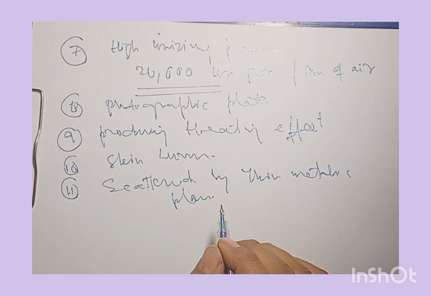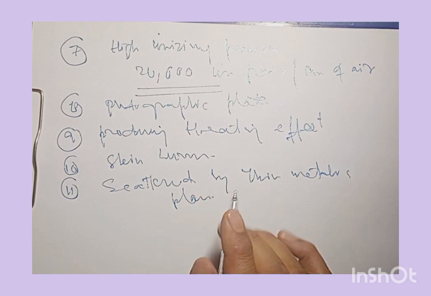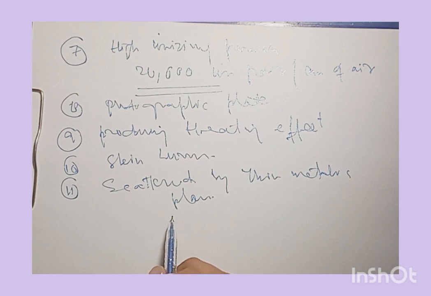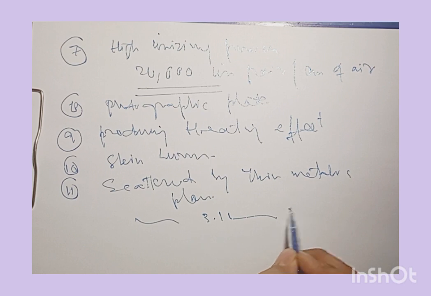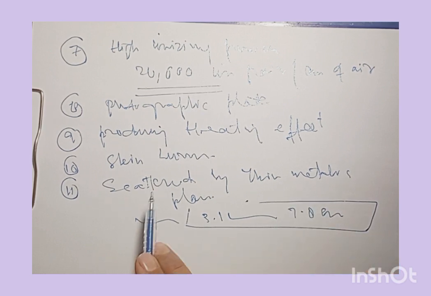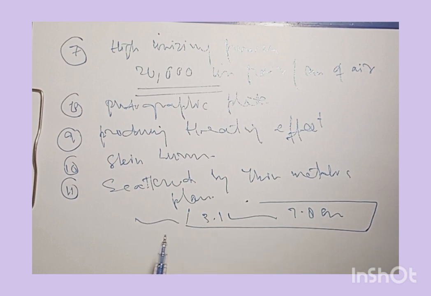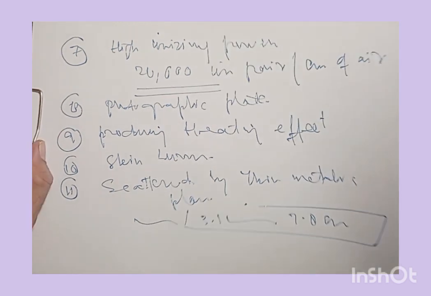And finally, the distance through which these alpha particles can travel is nearly from 3.1 to 7.8 centimeters. So these were some of the important properties of alpha particles which we have whenever there is a radioactive decay.